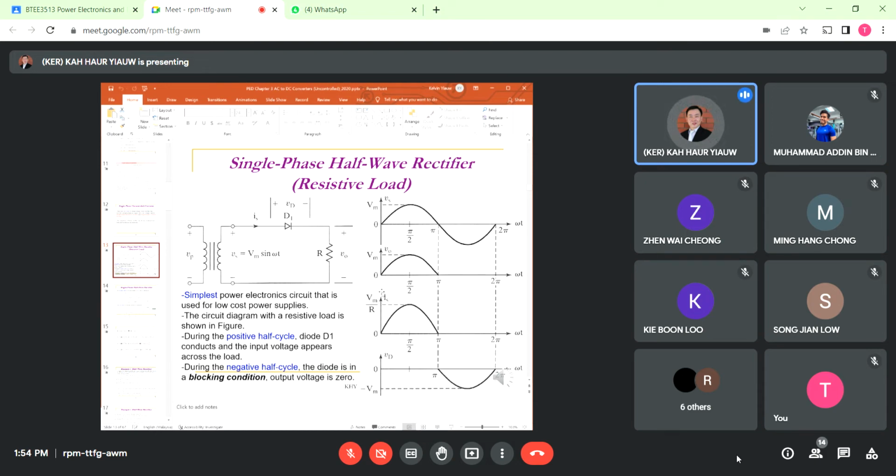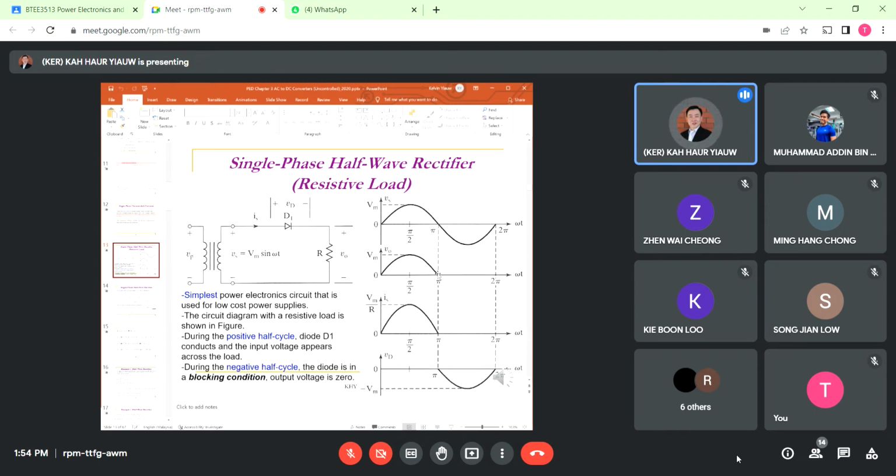That is why in this graph we show you only the supply current Is, which is equal to Vm over R. If we actually measure it, we also measure a very fine ripple, similar to your voltage waveform.